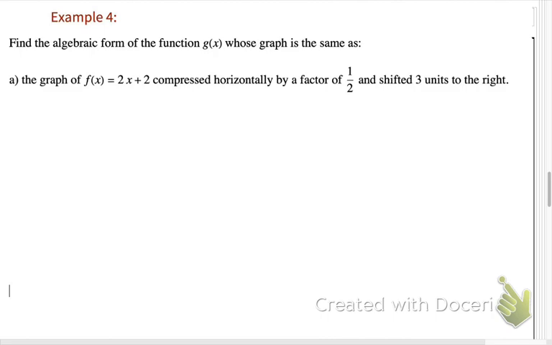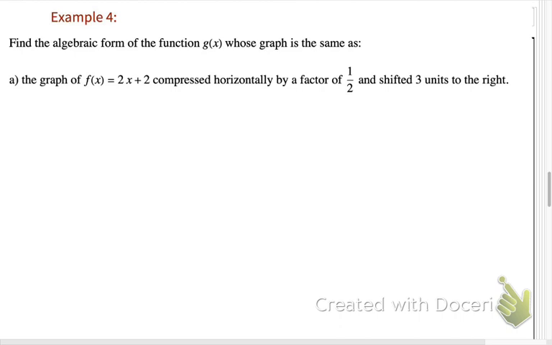You can also start with the graph of a function and apply transformations to get a new graph. Or the last example I'm going to do, which is just a bonus or an extra, is I'm going to start with something that's already been transformed from a toolkit function and try to determine which transformations had taken place. But I'm getting ahead of myself. We'll start with algebraic forms.